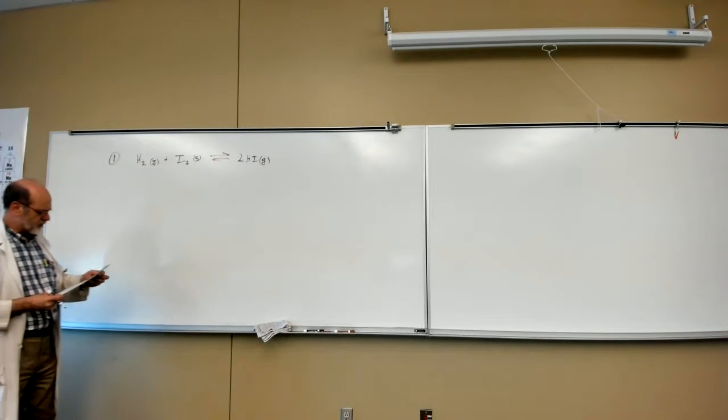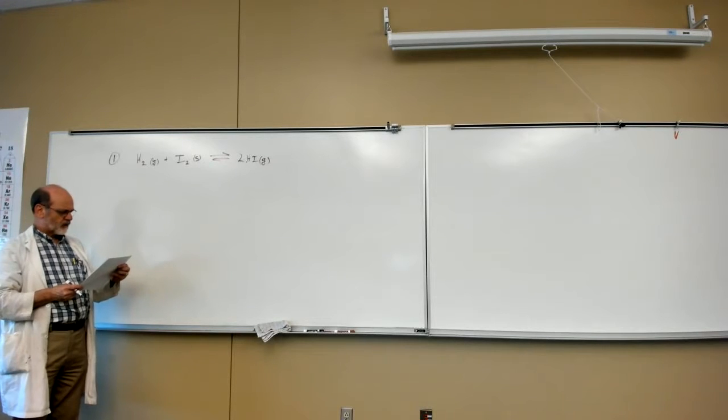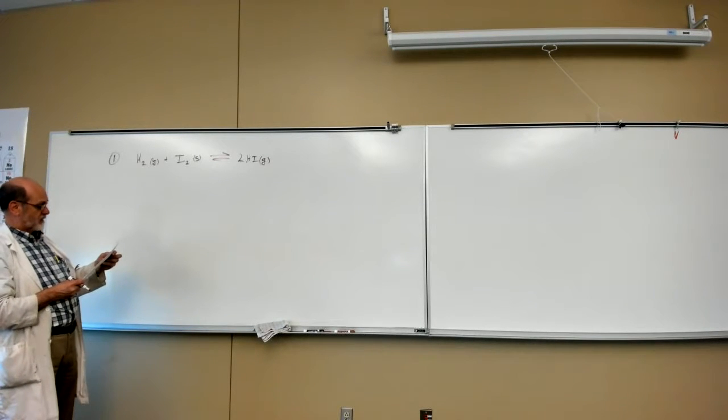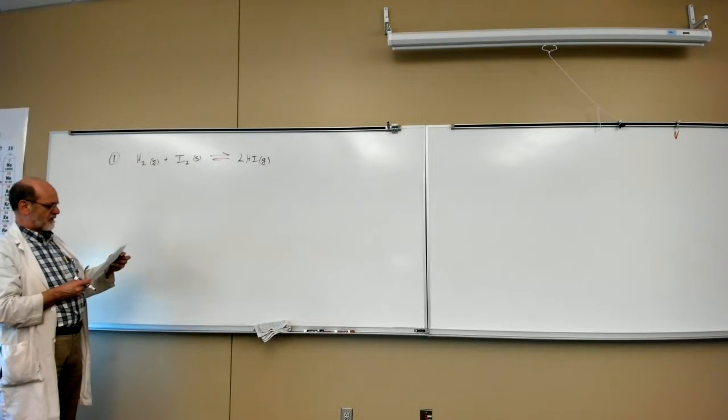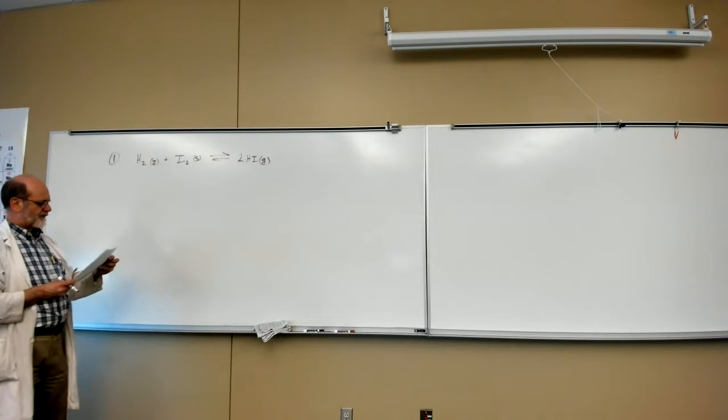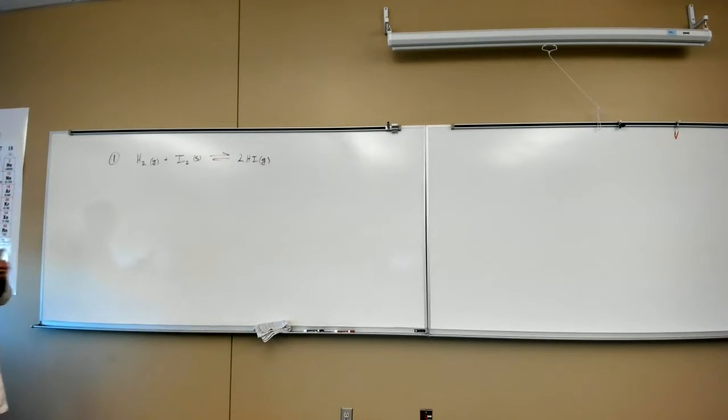First one, if the system is heated, the right side is favored. I'd say that's true, right? Because if you, or no. Okay. We're not told whether this reaction is exothermic or endothermic, so we can't use that approach. We have to use an alternate approach.